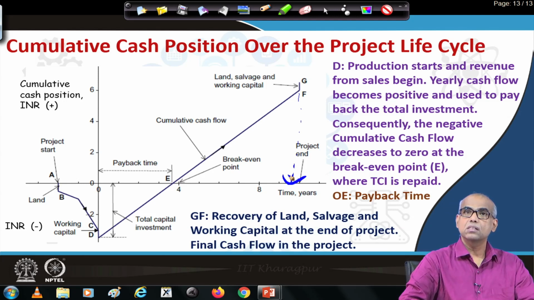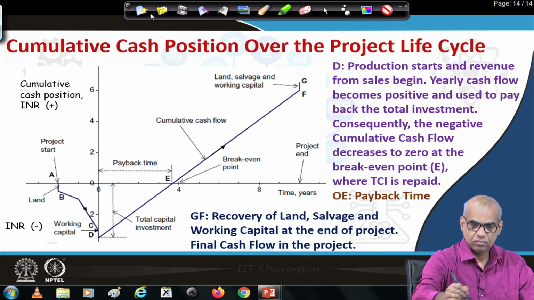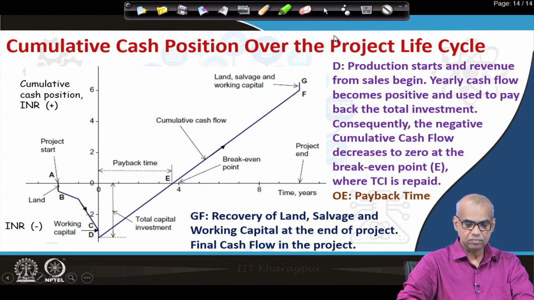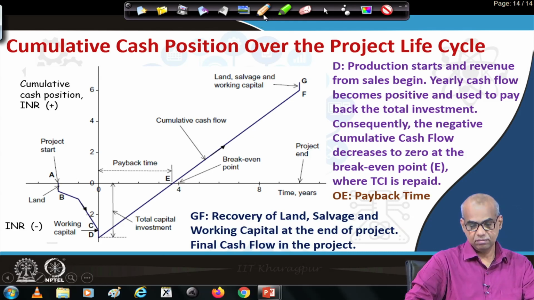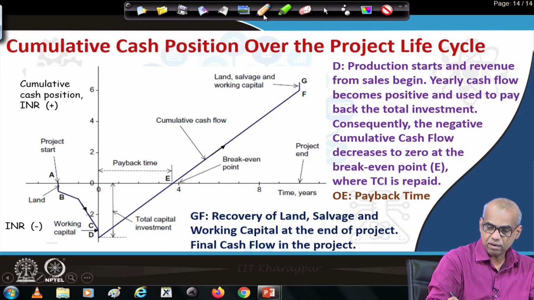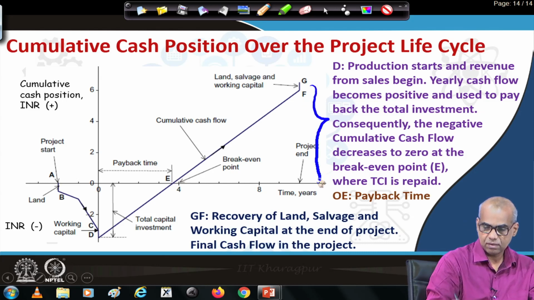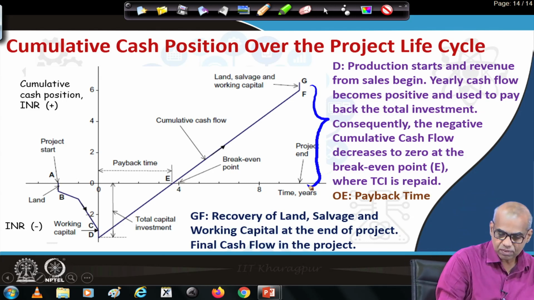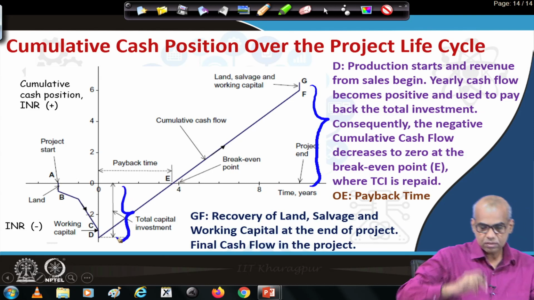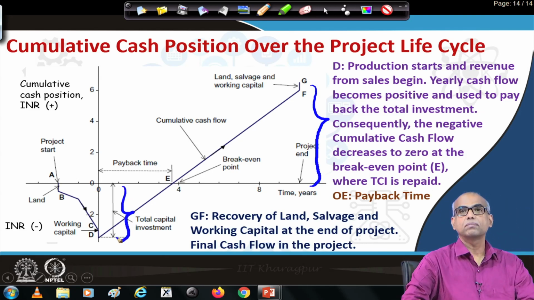With this, the entire life of this particular plant ends. So, what is the profit that you made? You made the profit represented by this. And what was your investment? This was your total capital investment.